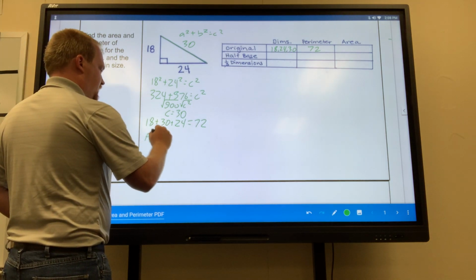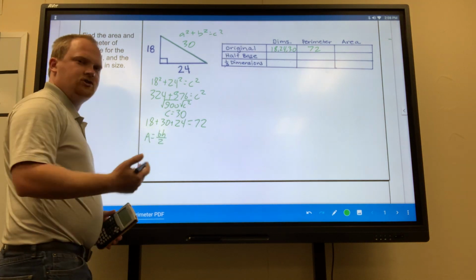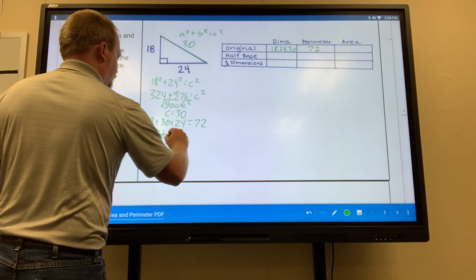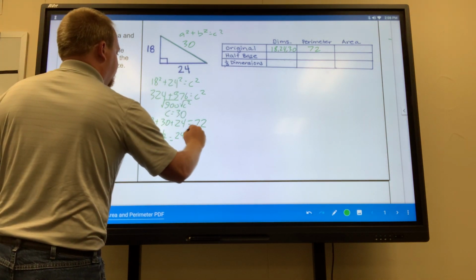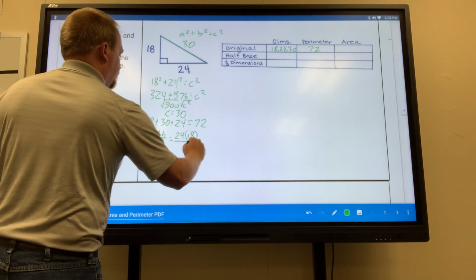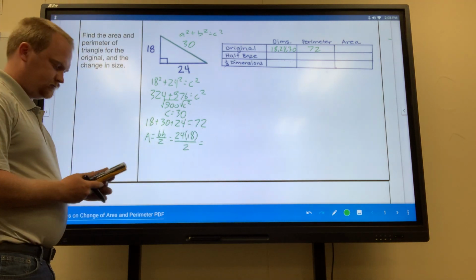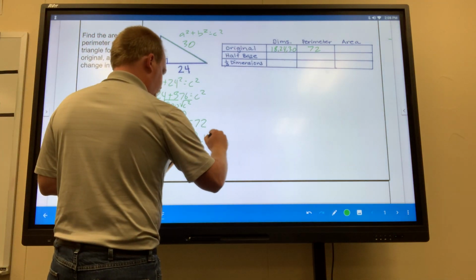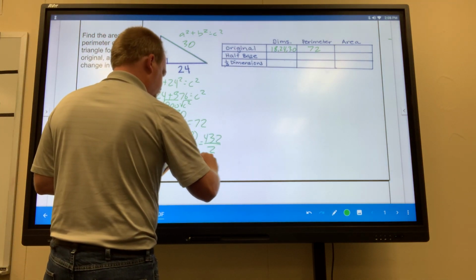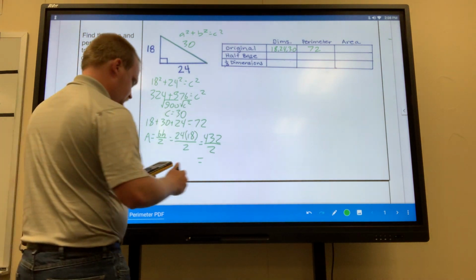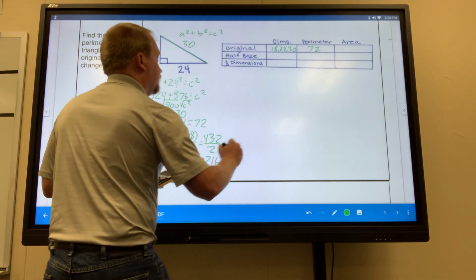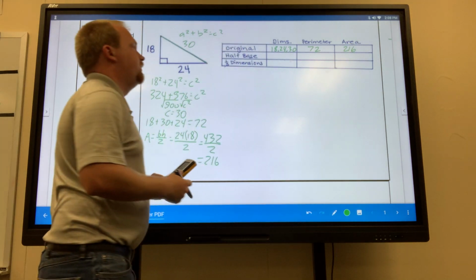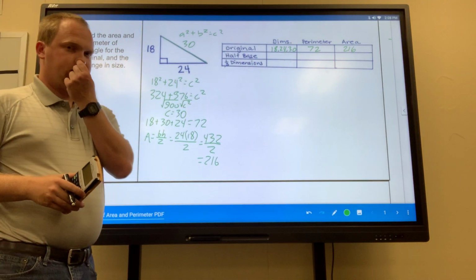Remember, it's base times height divided by 2. That's the area of a triangle. Well, my base is 24, my height is 18, I gotta divide that by 2. So 24 times 18 is 432, over 2, which is 216. So the area is going to be 216, okay?